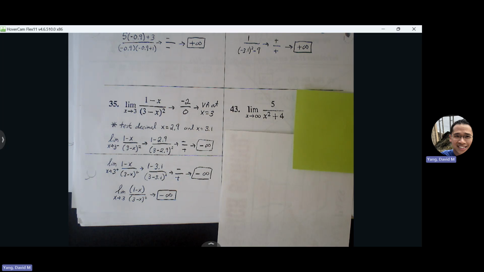But if you're asking for more specific as to why it doesn't exist, if the two arrows are in agreement, we can do a subcategory and say it doesn't exist because both have an agreement at positive infinity. So if you see limit is equal to positive infinity and it's not a one-sided limit, that means this is what the graph looks like.